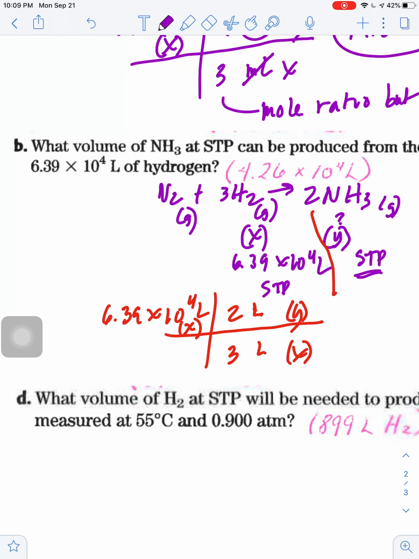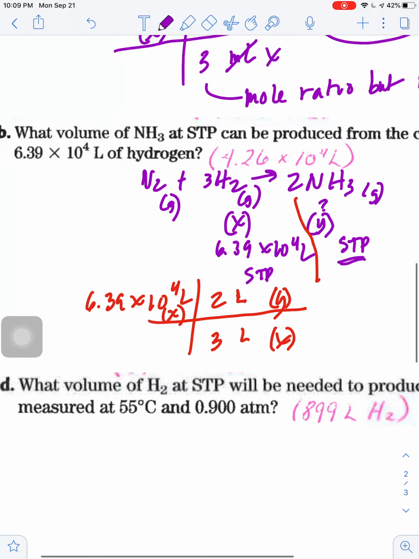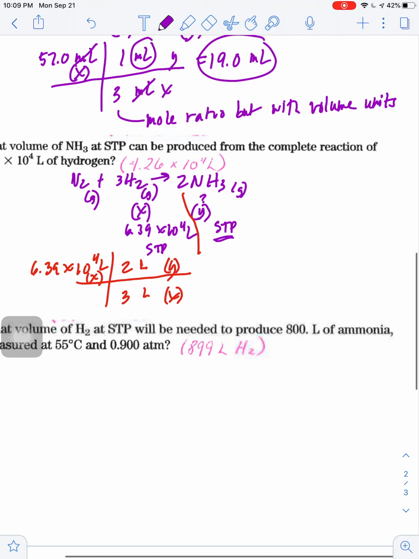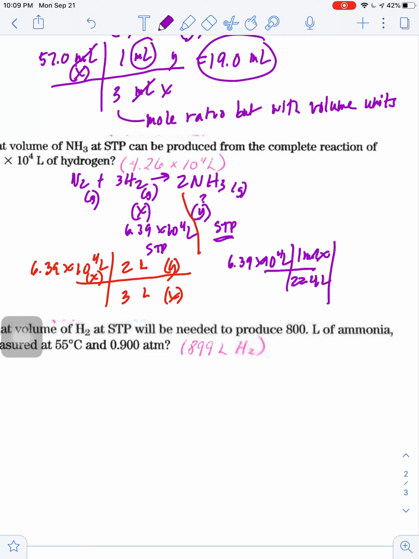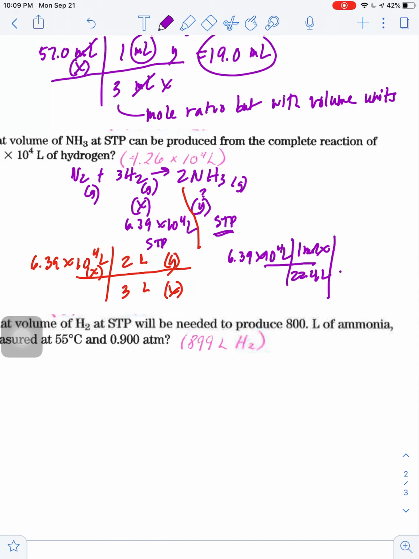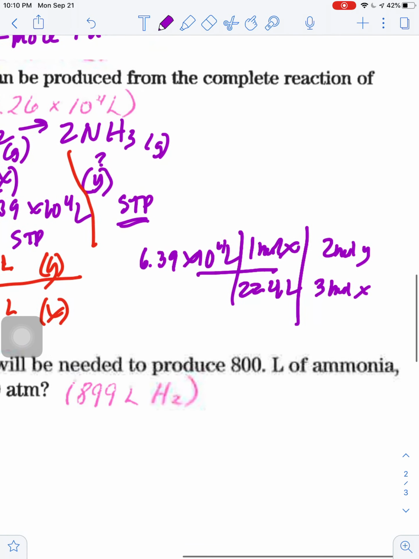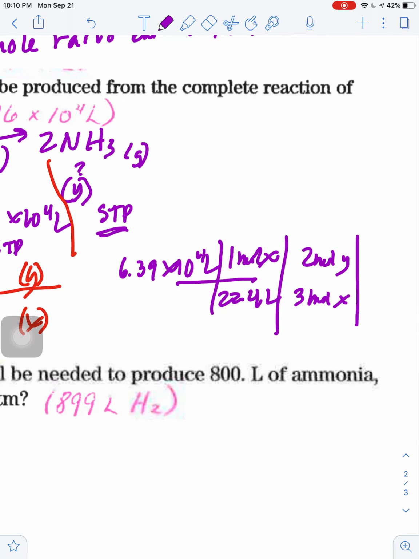Okay, so all I need to use is the mole ratio, because if I didn't, I would be doing this: 6.39 times 10 to the 4th liters, 22.4 liters make a mole of X. Then 3 moles of X for 2 moles of Y. And then a mole of Y takes up 22.4 liters of space.